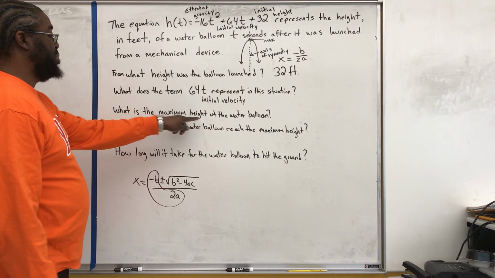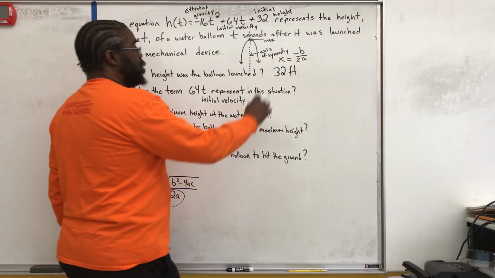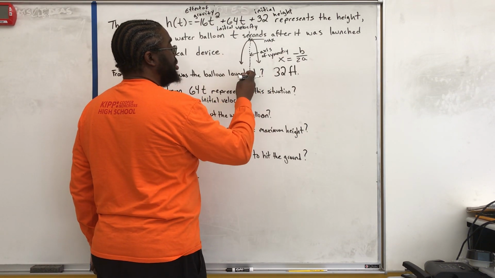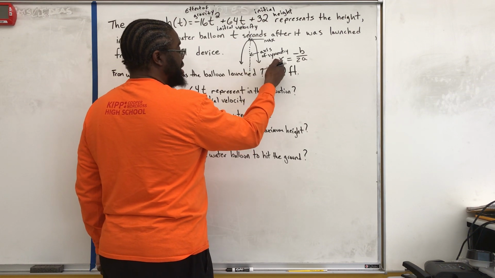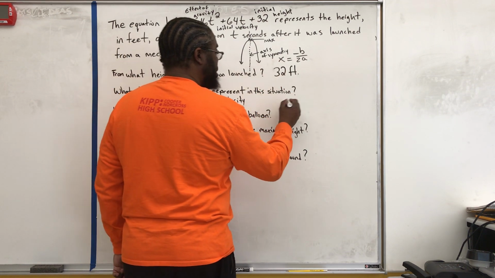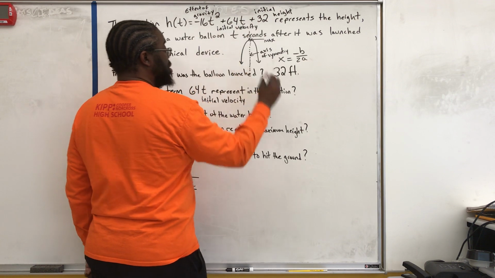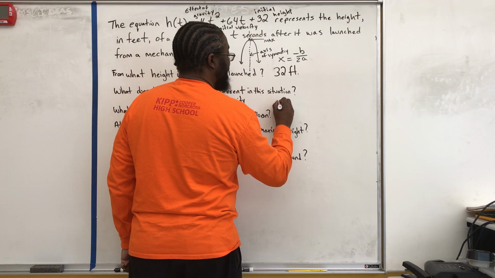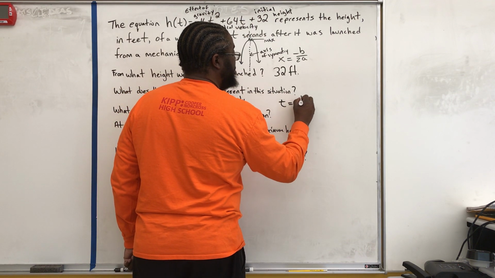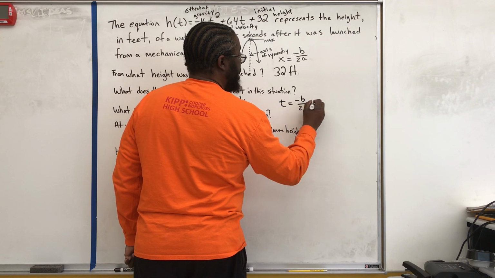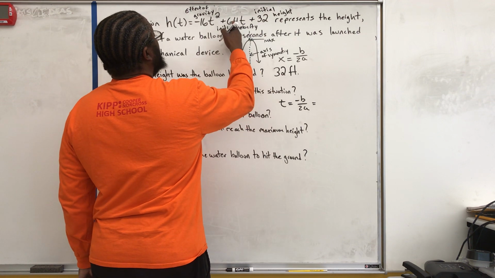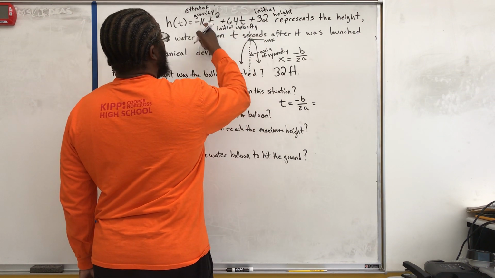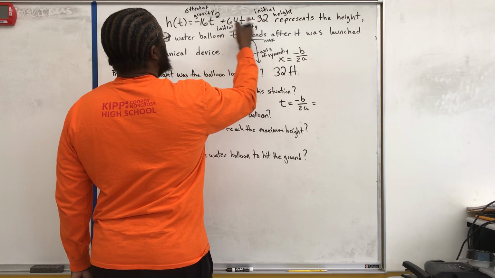So what is the maximum height of the water balloon? We're going to use our axis of symmetry to get us the middle, because the maximum will be at the middle. I'm going to change x to t because that's the variable we're using. So instead of x equals, we're going to have time. T equals negative b over 2a. And we're going to plug in. So negative b, well, standard form, ax squared plus bx plus c, right?